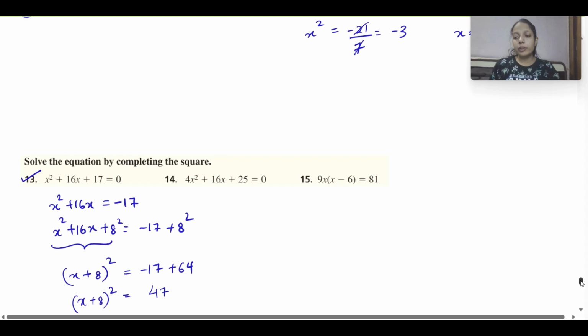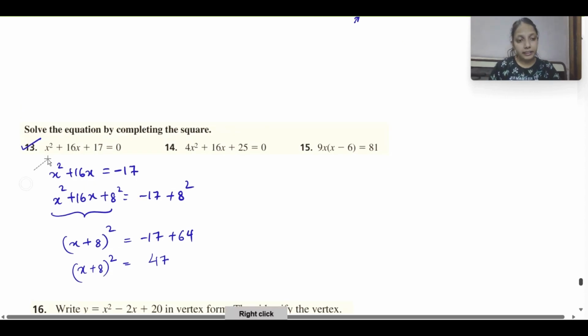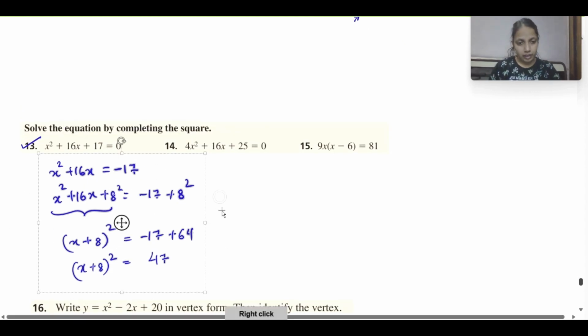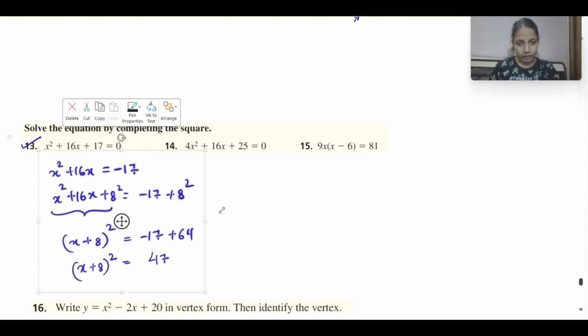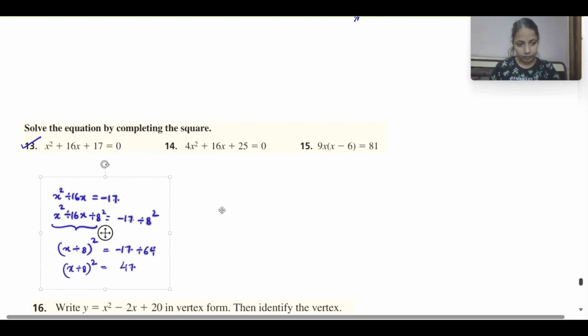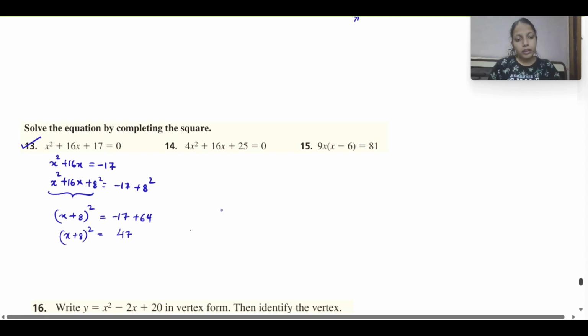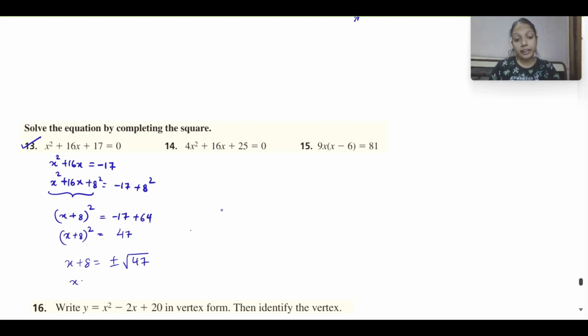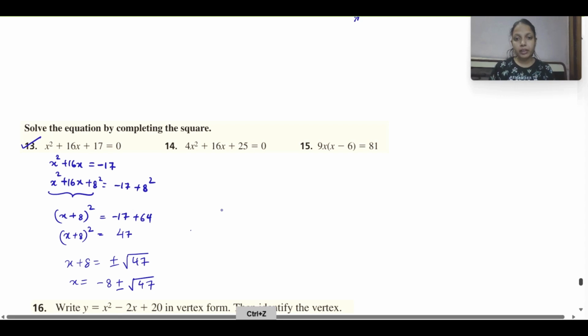What you can do, you can take the square root on both sides. x plus 8 equals plus minus square root of negative 6. Now subtract 8. So negative 8 plus minus square root of negative 6. This is the answer. Okay, up to this we complete the square. Then I take the square root and solve for x.